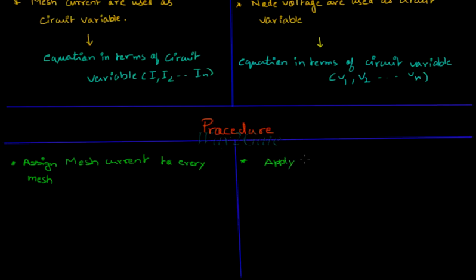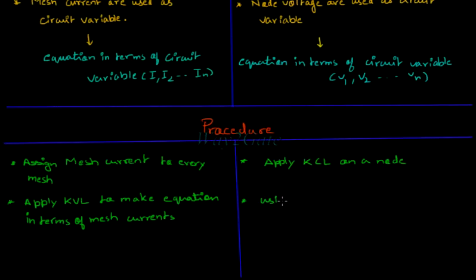In nodal analysis, we apply KCL on a node and, using Ohm's law, we make equations in terms of node voltages. Here, it is good to see how to find current due to potential difference between two nodes.